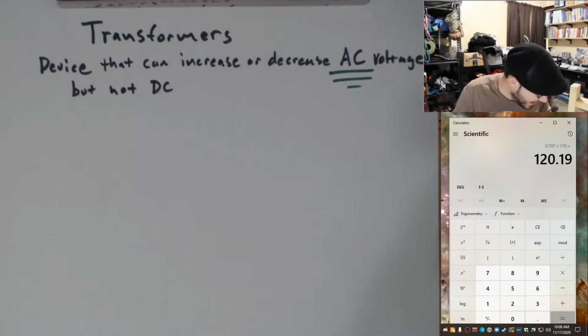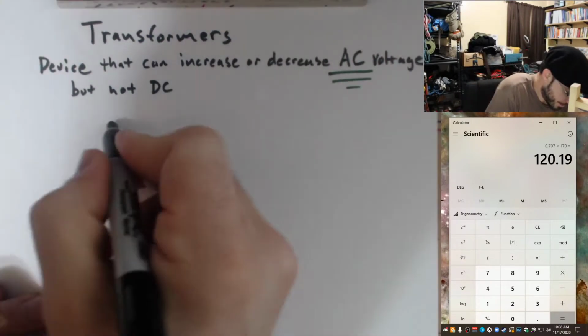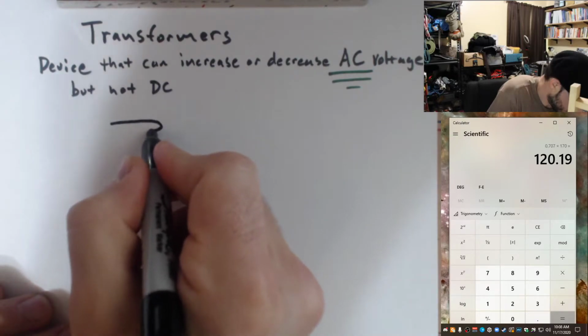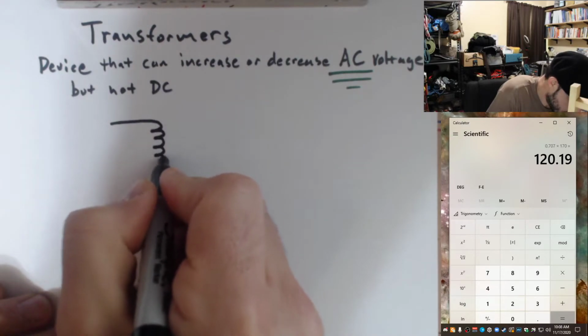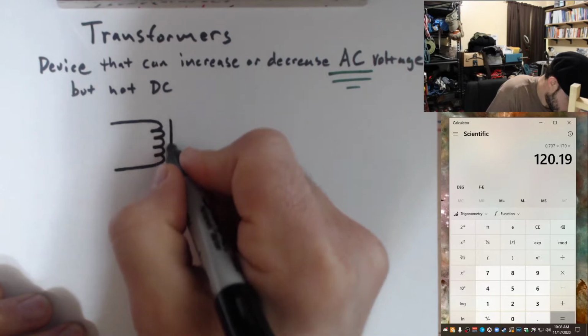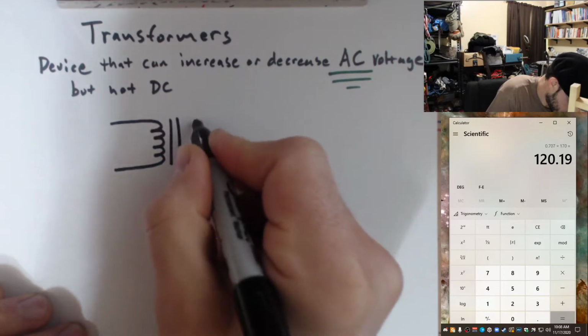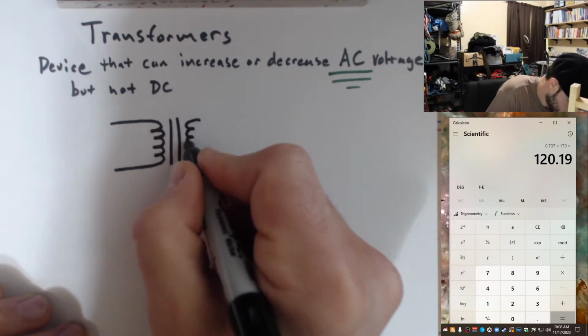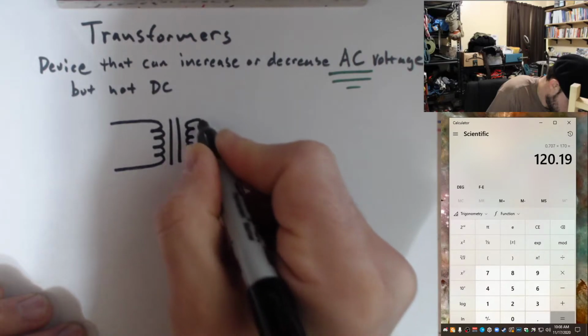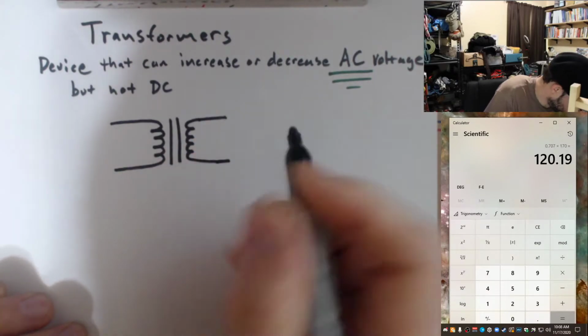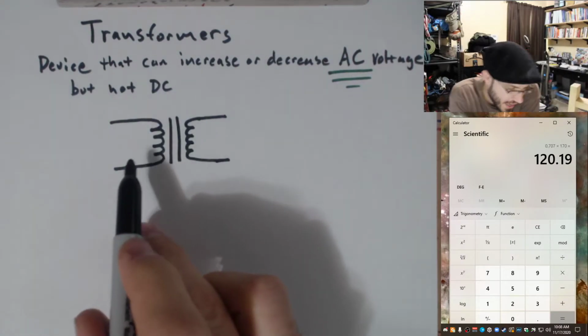So let's go ahead and draw up the schematic symbol for a transformer. Okay, now we have two sides.